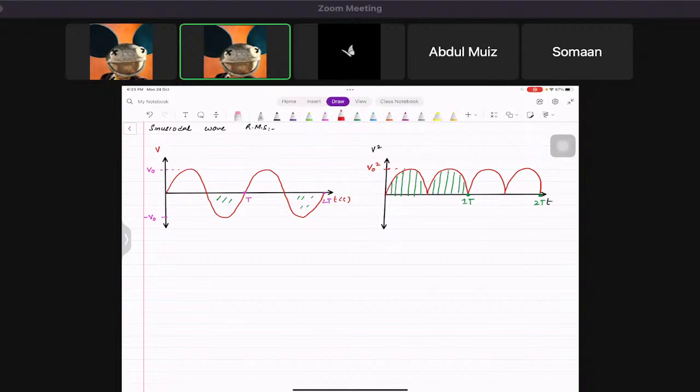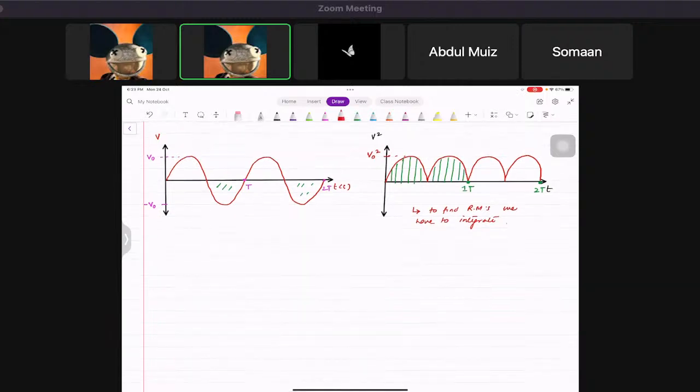We can't do this, because to find RMS we have to integrate, and integration is not part of the course, so we're just going to leave that right here.